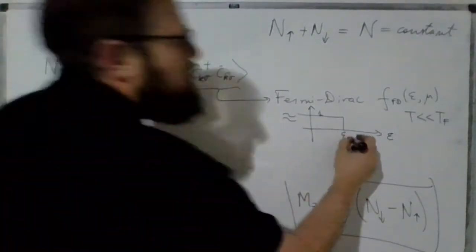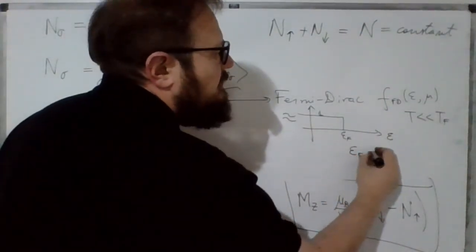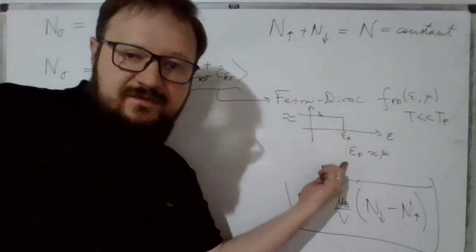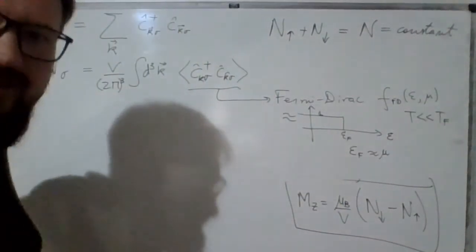So we are replacing the chemical potential by the Fermi energy, all right? This is an approximation.